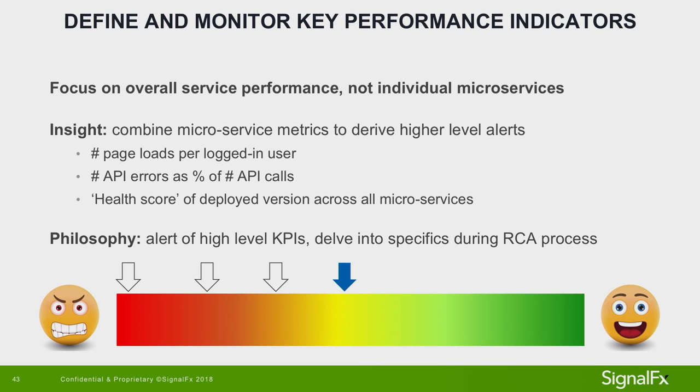Every time they push code, and they're also in a microservices environment, they calculate what's called a health score by looking at the key performance indicators of each individual microservice and combining them together to create a score. They use that to determine whether it's green or red. If it's red, they roll back first and investigate later, and they're able to do that quickly using analytics. So these are examples of going higher level.